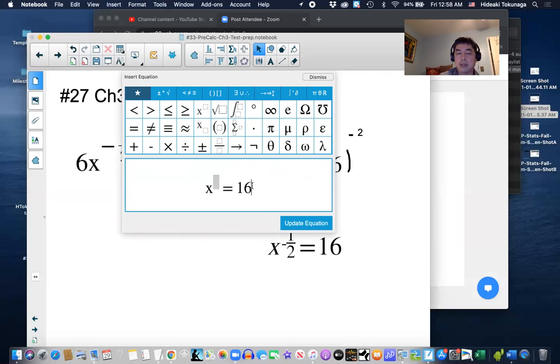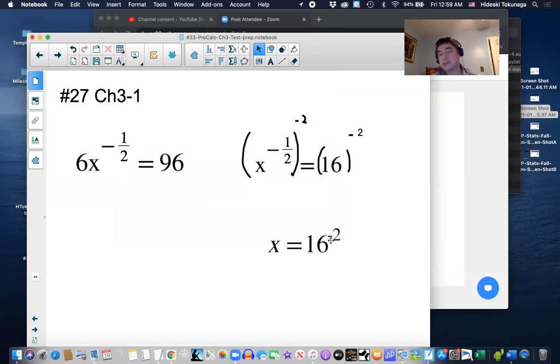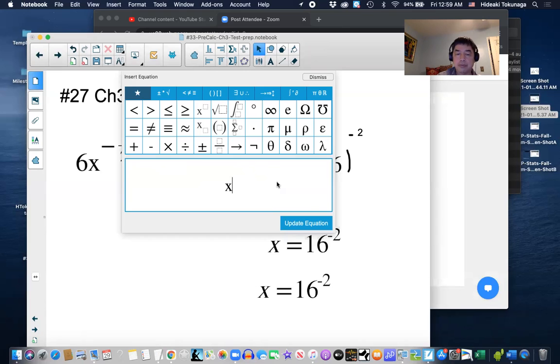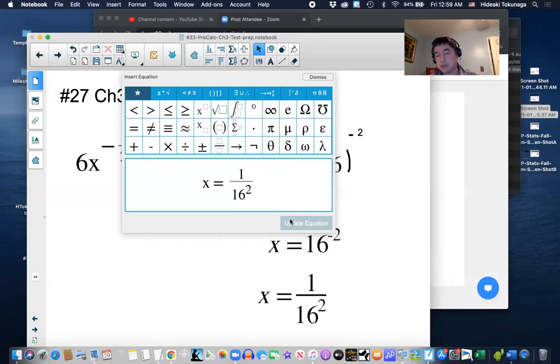Oh, yeah, sorry. 16 to the negative second power. So a negative exponent doesn't become a negative number. Instead, we put the fraction: 1 on the numerator, 16 on the denominator, and positive power.